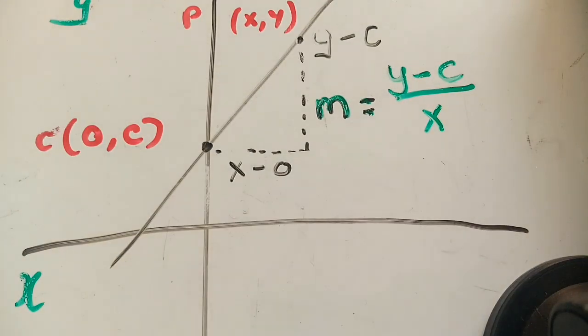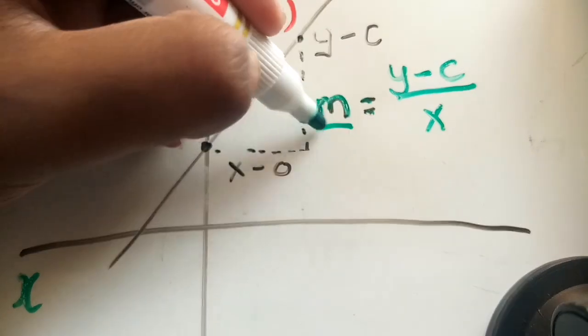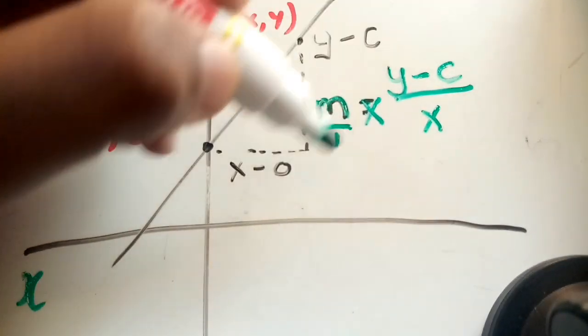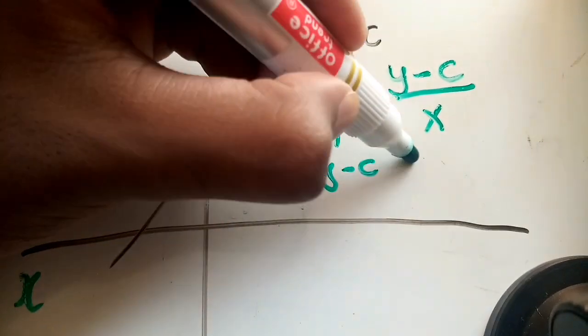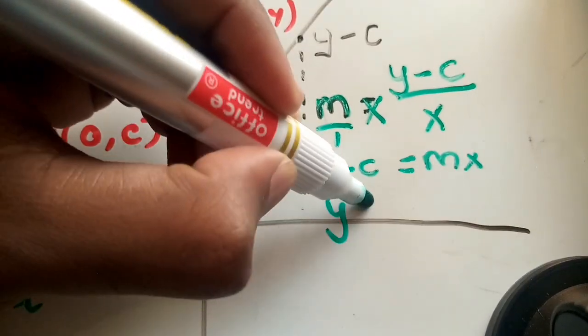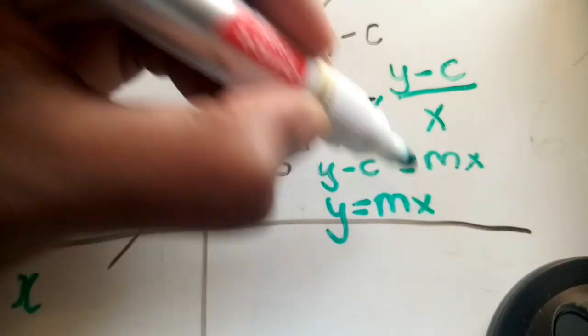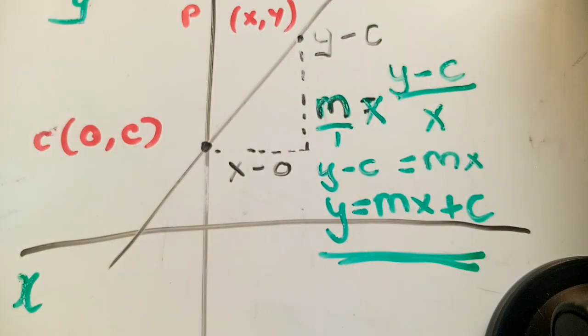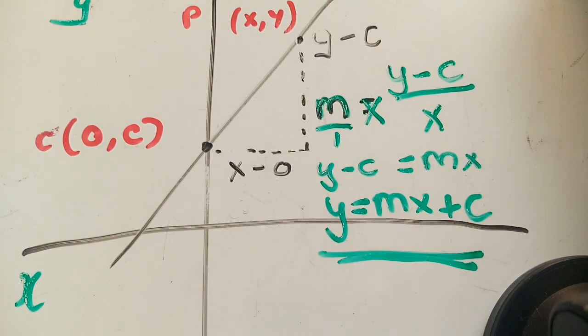Now, when we're making the gradient-intercept form, y is supposed to be the subject of the formula. Multiplying across, we get y minus c is equal to mx. Then y is equal to mx, and c goes to that side and becomes plus c. So this is the general concept of the gradient-intercept form of finding the equation of a straight line.